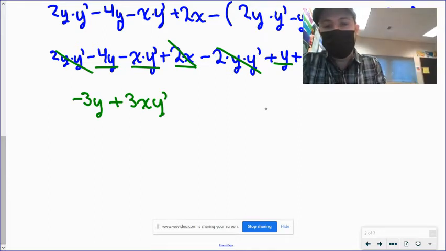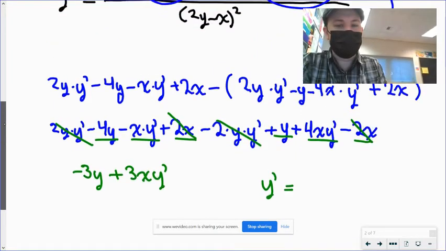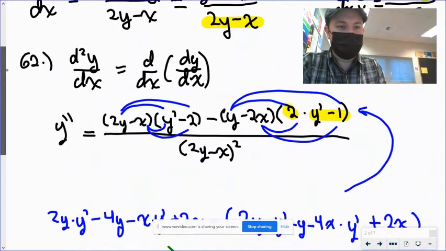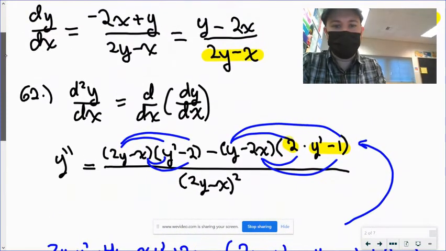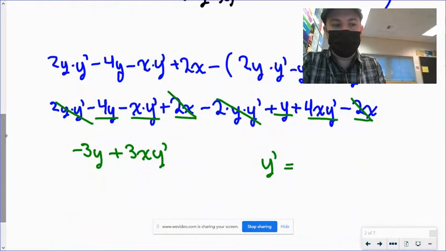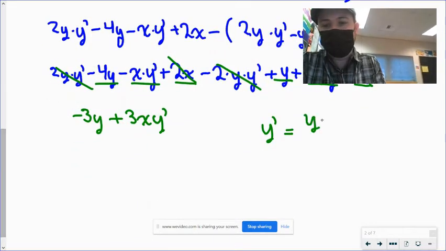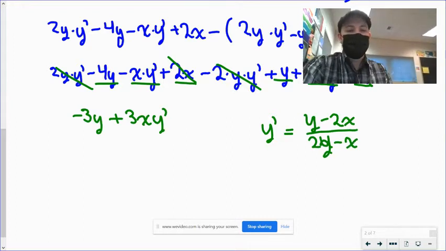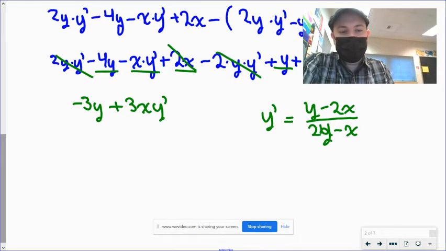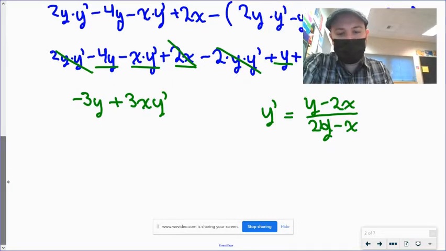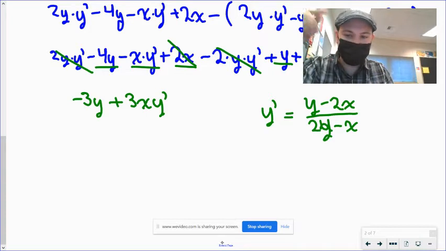And then recall that y prime is, and I don't actually remember, so I got to go look, y minus 2x over 2y minus x. So with that being the case, I can back substitute, and I'm going to go ahead and bring my denominator back into this.